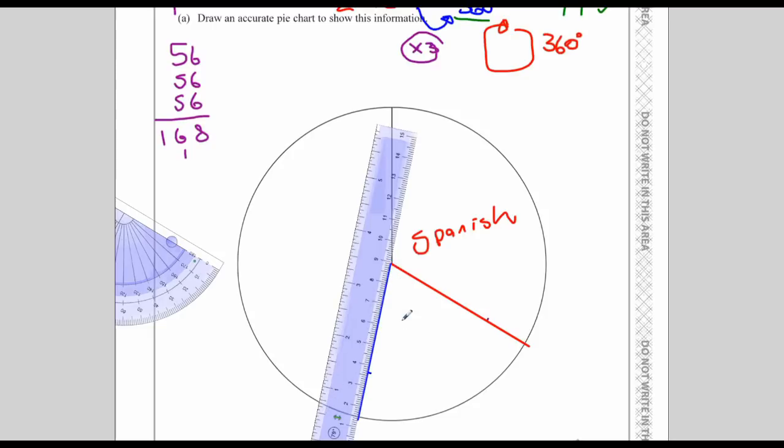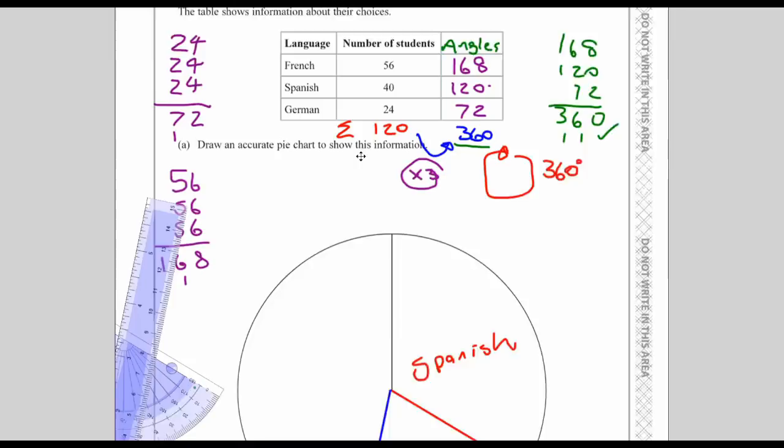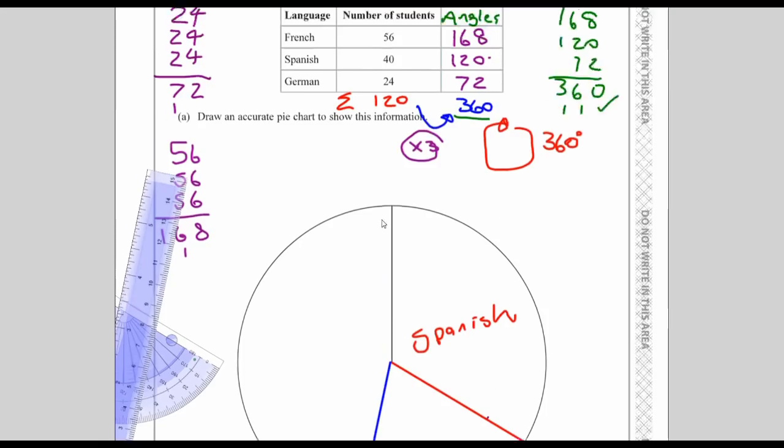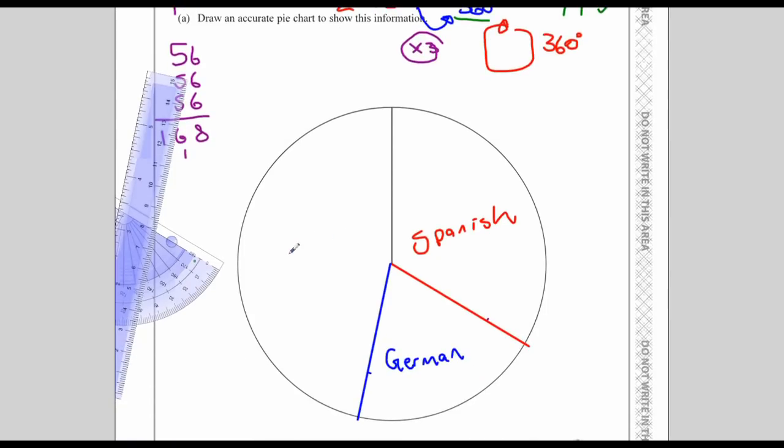Draw a line with our ruler, and this subject was 72 degrees for German. So let's label that one German. Now, if we've done this right, the remaining one will be French, and it will be 168 degrees.